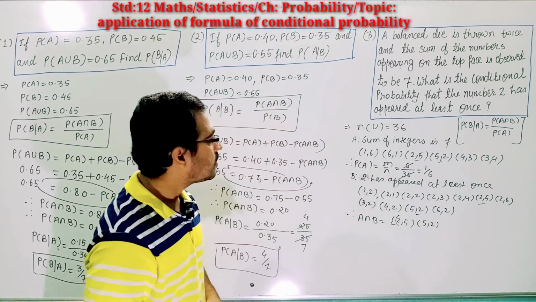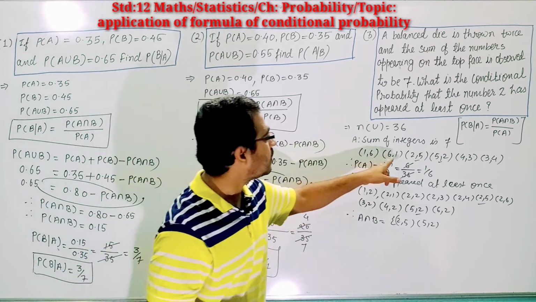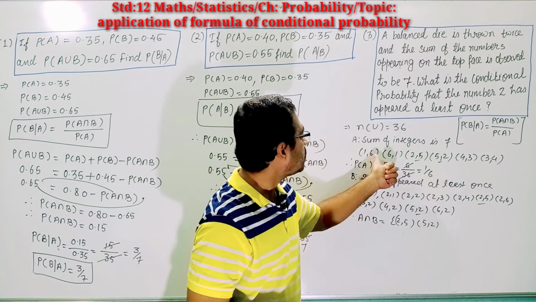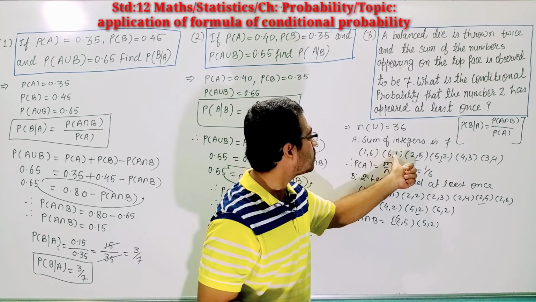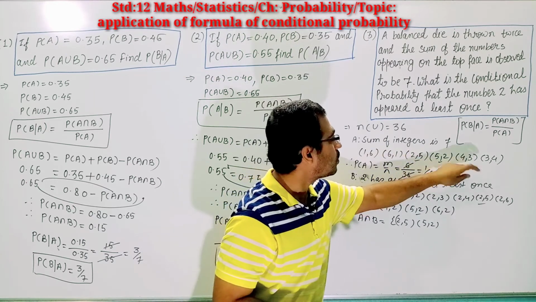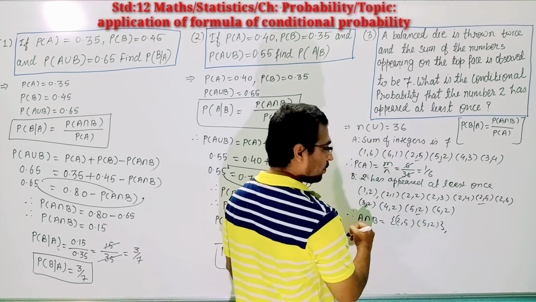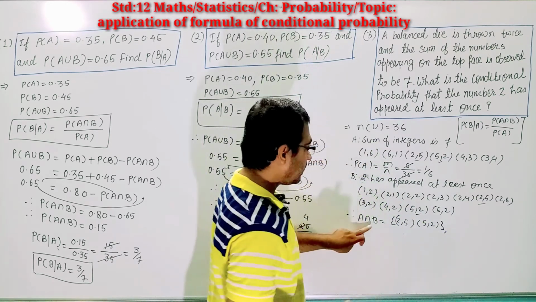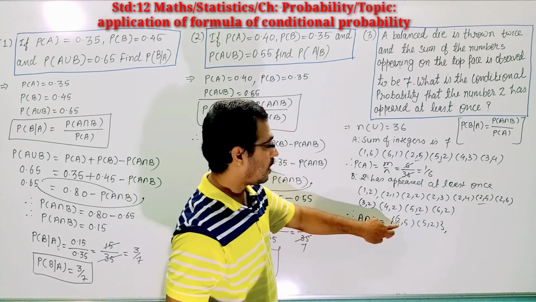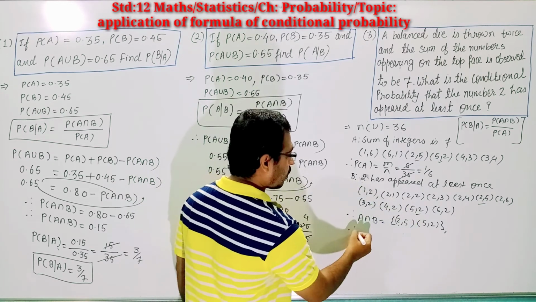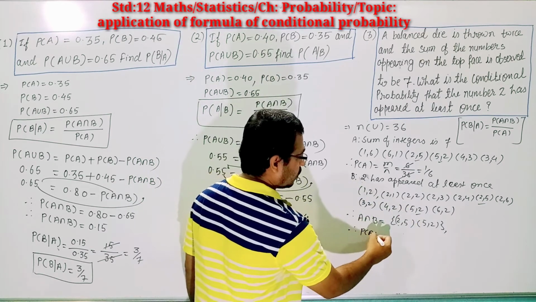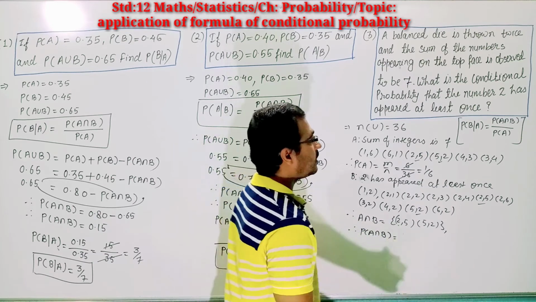Any others? Looking at 1 2, 2 1, 1 6, 6 1, 2 5, 5 2, 4 3, no. So the number of sample points of A intersection B is 2.